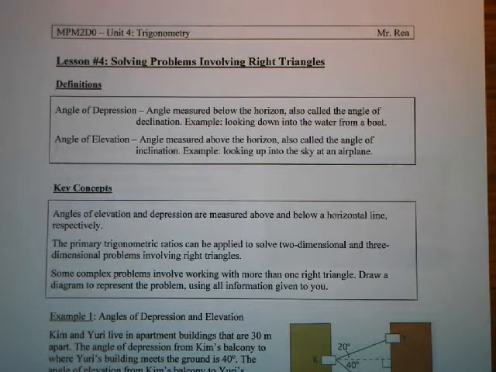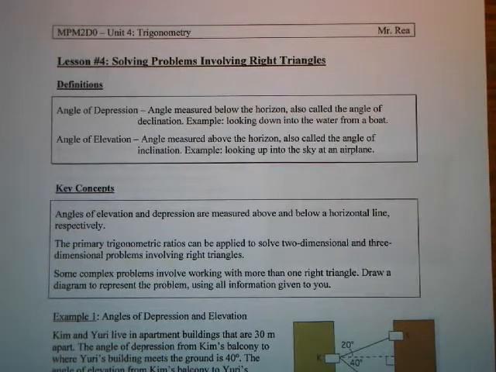We used an acronym to help us remember the ratios, SOHCAHTOA. For example, sine of an angle is opposite over hypotenuse. Cosine of an angle is adjacent over hypotenuse. And tan of an angle is the opposite over adjacent ratio.